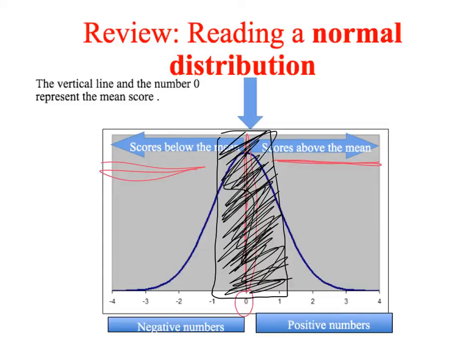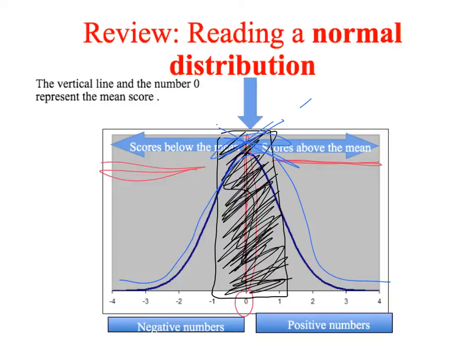And the reason that a normal curve has the shape that it does is because around the mean, where most people are clustered, the graph is at its highest point up here.